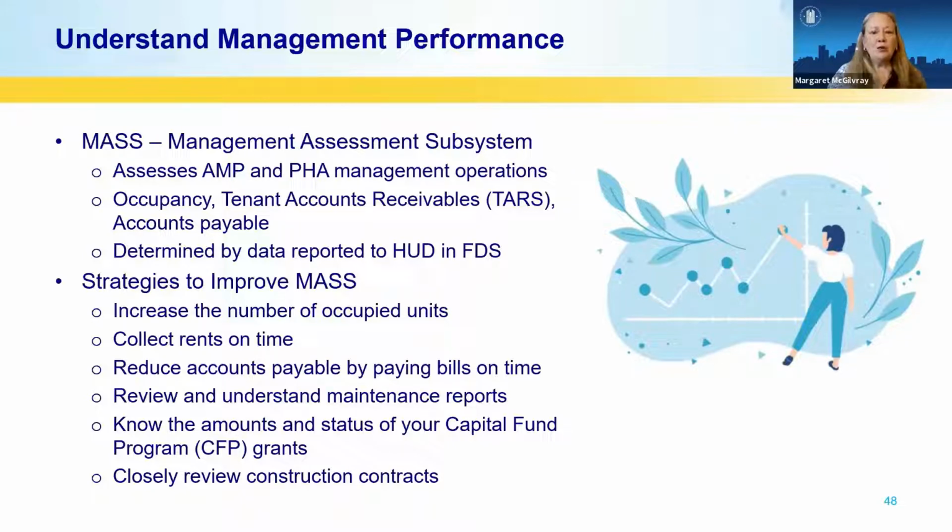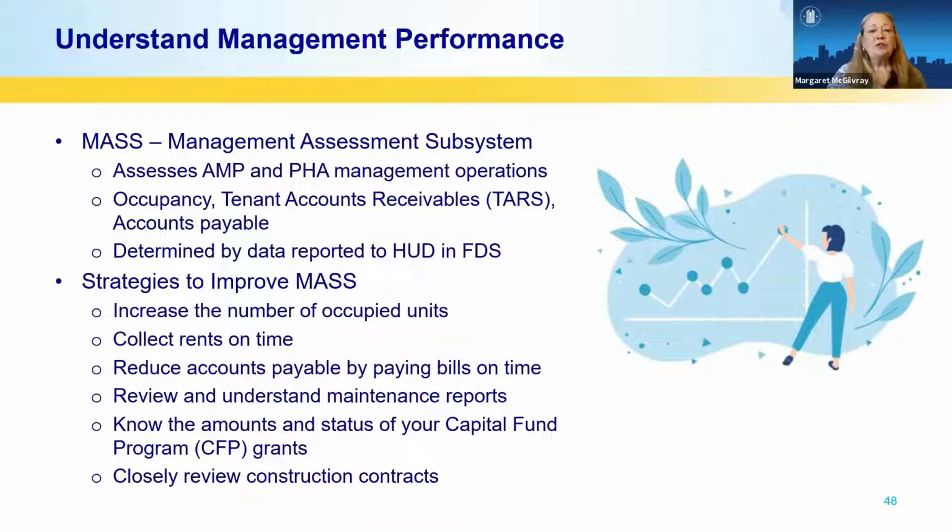Basically, the key elements that they're looking at are the occupancy of your units, how well you are collecting rents, called your tenant accounts receivable, or TAR, as well as your accounts payable. And it's determined by data that's reported to HUD as part of that FDS that I mentioned a moment ago.